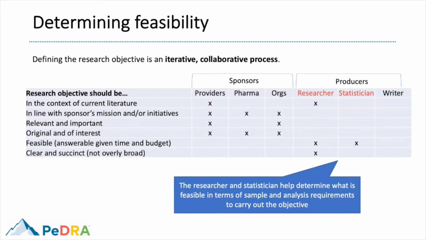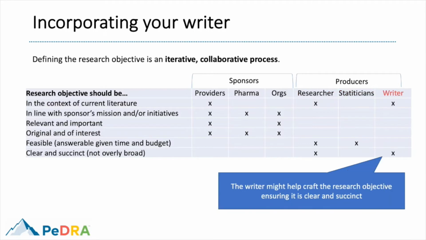So the researcher and statistician have to ensure that whatever the objective is can be carried out given the budget and the time you have allowed. The writer might craft the research objective, and maybe they will carry it through and monitor what that objective is as you run into barriers or challenges throughout the research process.